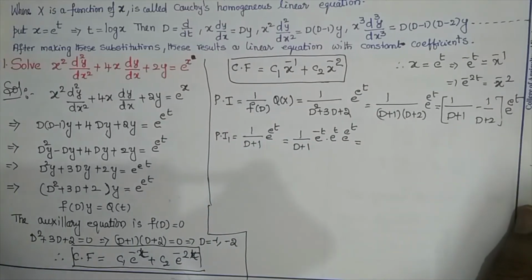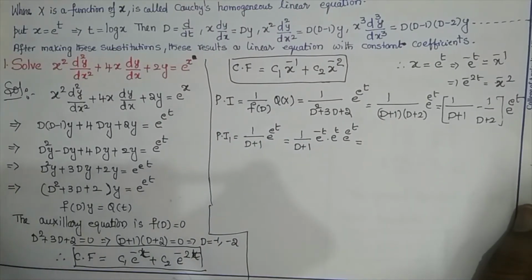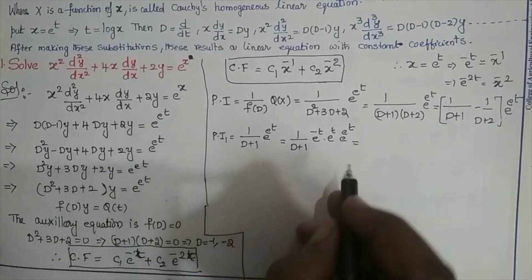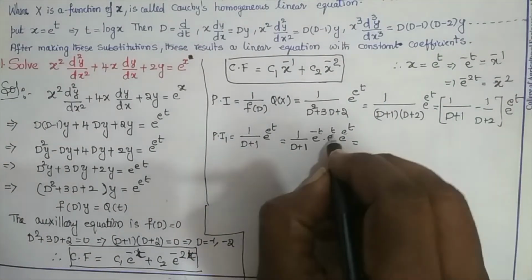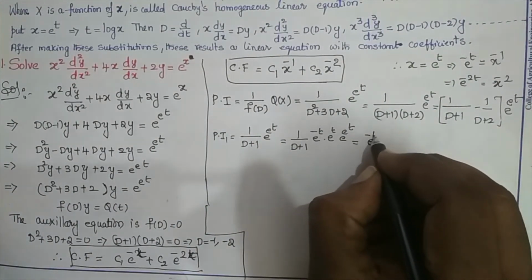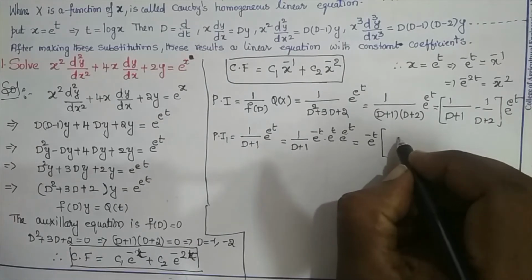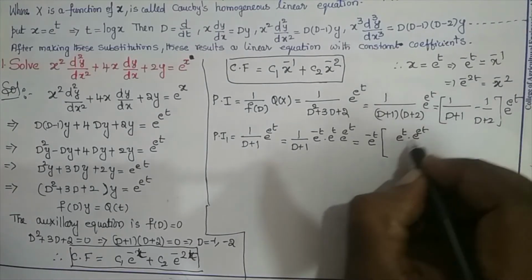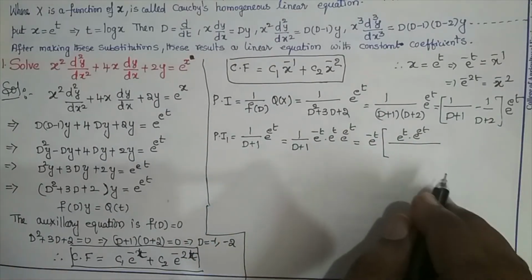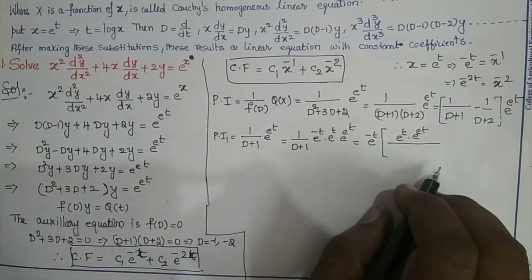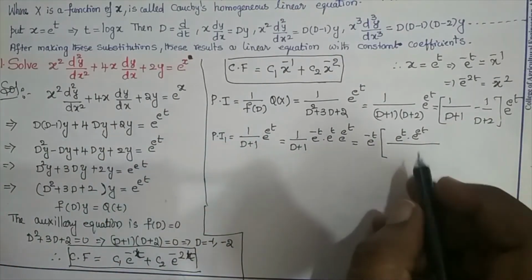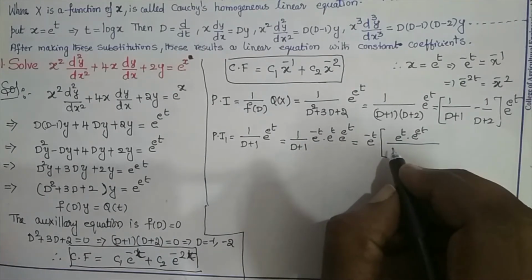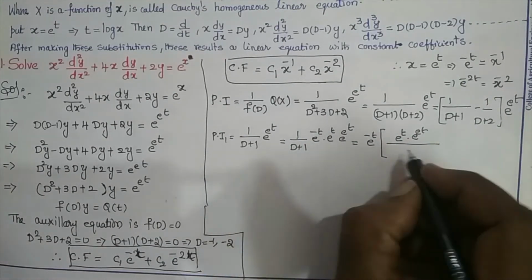So this is type number 4. Type number 4 means we can write e^(-t) here, which is e^t into e^t by, what is the replacement? Type number 4. If you have any doubt, please see the previous lectures. Type number 4 I already gave.